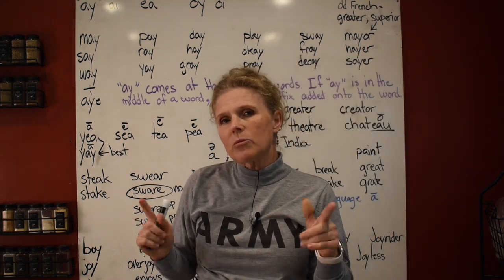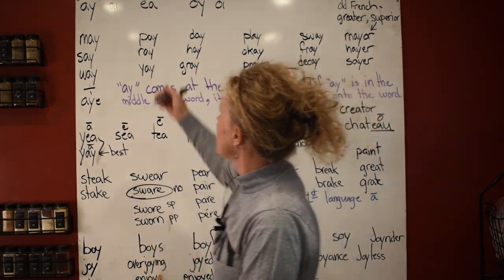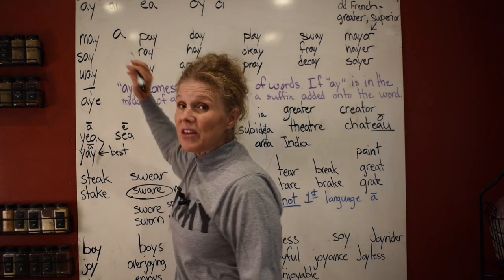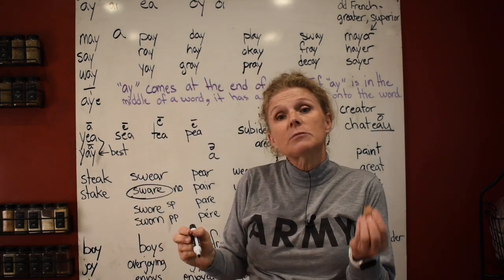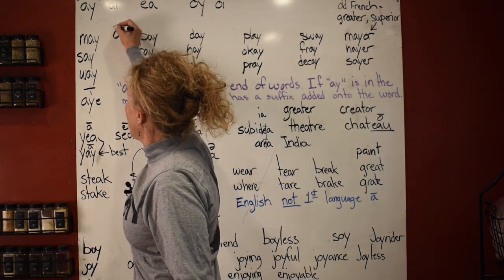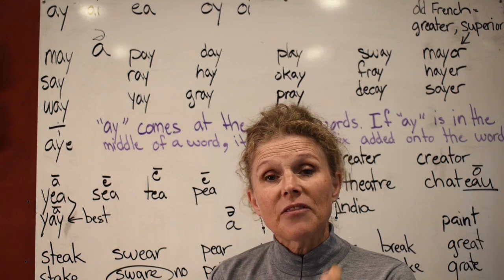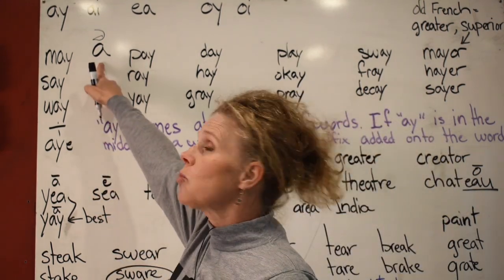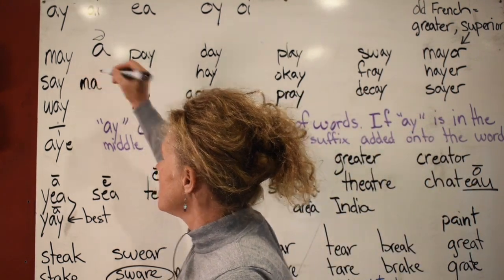The reason why that could be really confusing is, when you see an A, so many of our A's turn to schwa. So when you see an A at the end of a word, you can't spell the long A sound with just an A, because most A's at the end of a word say the schwa sound. So you can't spell may like that.